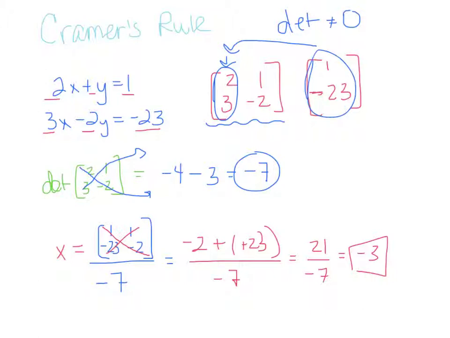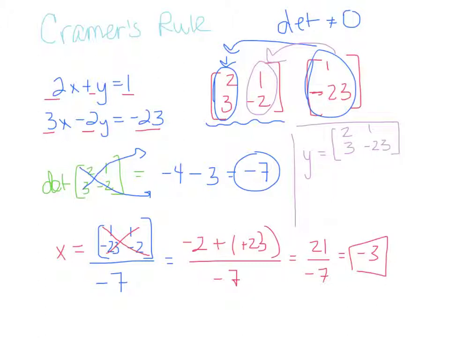Okay, so now to find y, we're going to do y equals. So the first thing we're going to do, though, is we're going to keep our x column, but we're going to replace the y column with the constants. So this is 2, we're going to just write it down, 2, 3, 1, -23.